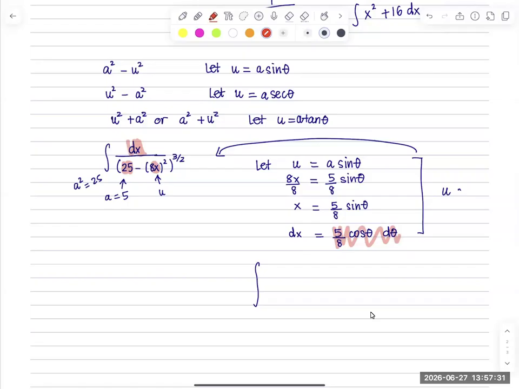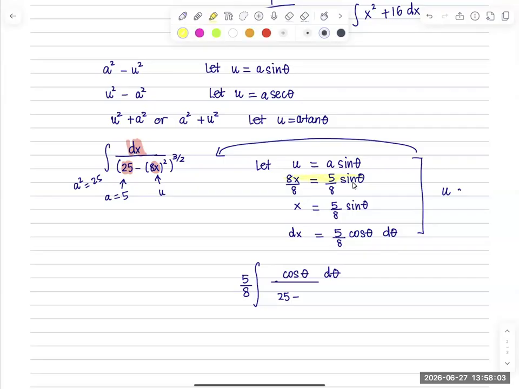Since 5 over 8 is a constant, I'm going to bring it to the front, and I'll have cosine theta d theta to replace my dx, all over 25 minus 8x, and my 8x is 5 sine theta, because my 8x is right here.